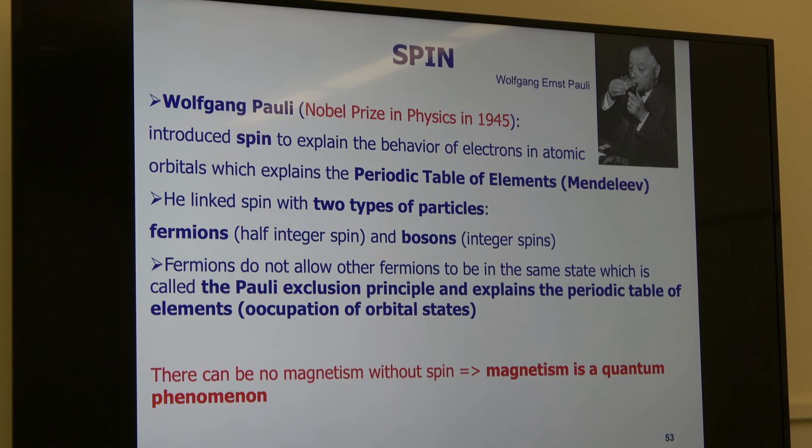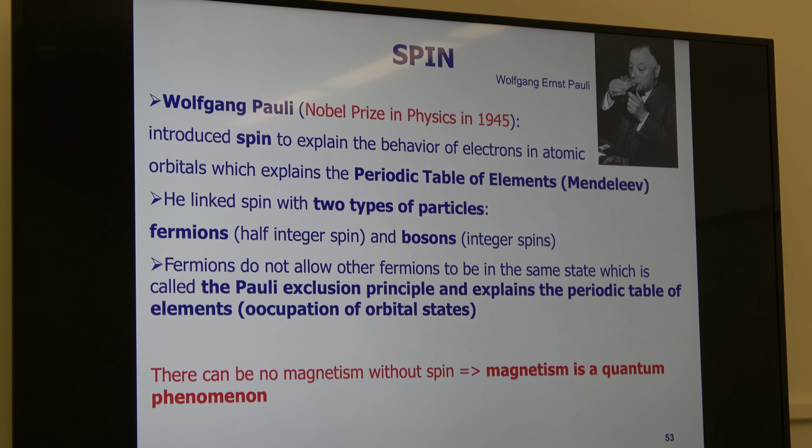So he introduced spin and got a Nobel Prize in 1945. And without spin, by the way, you cannot explain the periodic table of the elements, because spin gives you the duplicity of spin up, spin down in different states as you start filling the orbits.